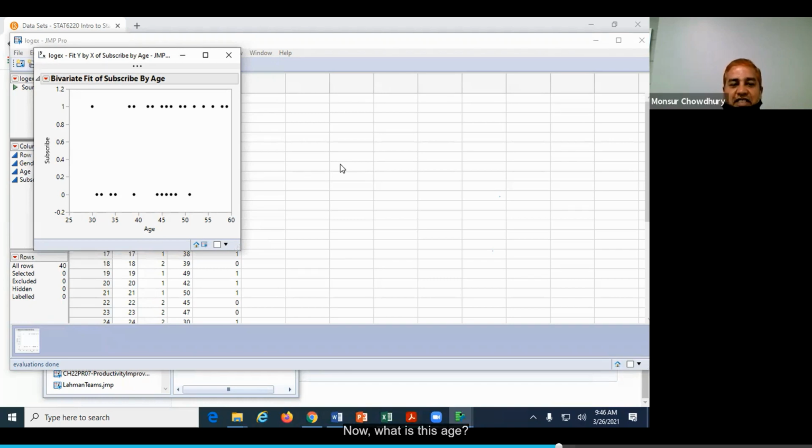Now, what is this age? Age is a continuous variable, and 0 means they are not subscribing to a newspaper, while 1 means they subscribe. You can see that when the age is older, there is a high chance the people subscribe to a newspaper.